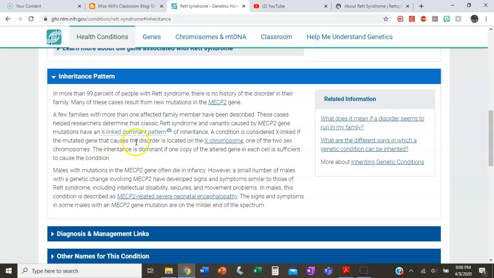However, we can see here it's an X-linked dominant pattern. So that helps us to answer some of what was asked. So in the few families where you see it happen, if you see a pattern of it happening in the family, it tends to be an X-linked disorder.